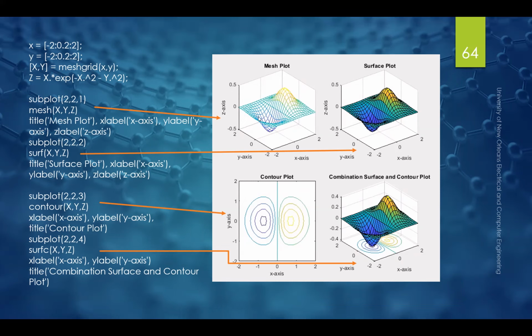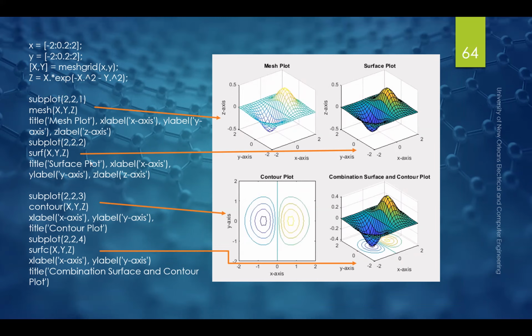And the first one, we use simply the mesh function to plot this Z function, right? With the different parameters given, like the title, the axis titles, and so forth.